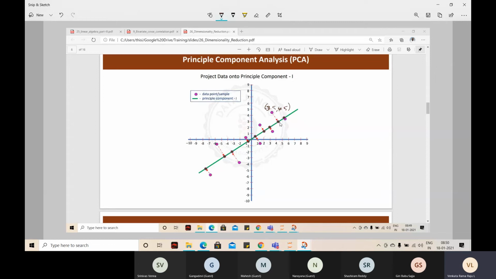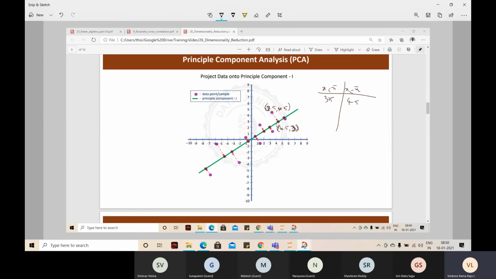When I projected it, what did it become? 4.5, 3. Do you agree? When I projected it, what did it become? This original data point, actually x1 minus x1 bar and x2 minus x2 bar, is 3.5 and 4.5.